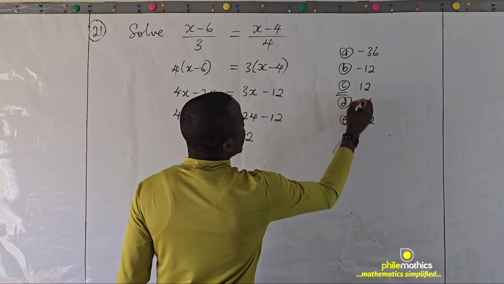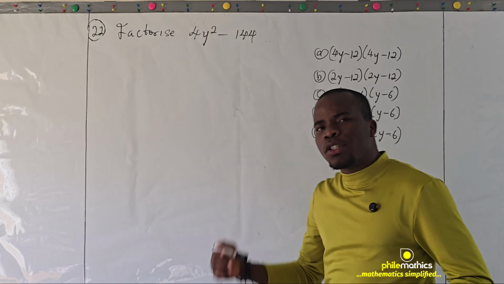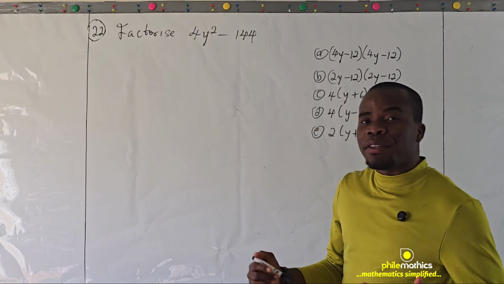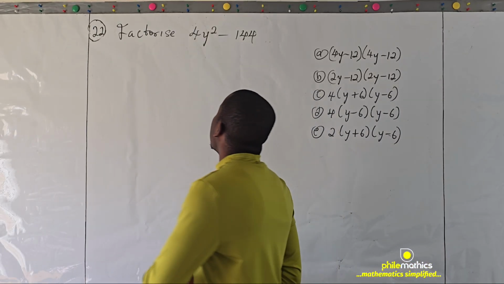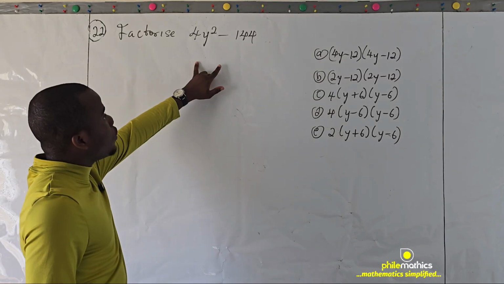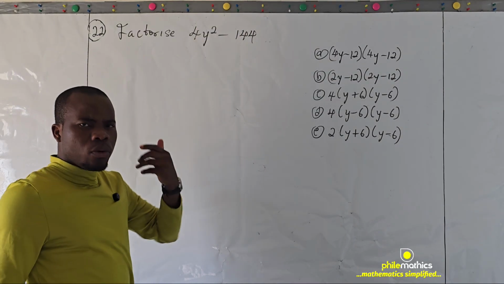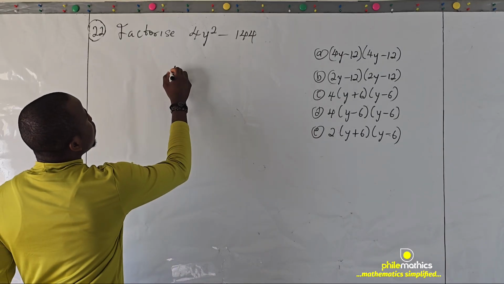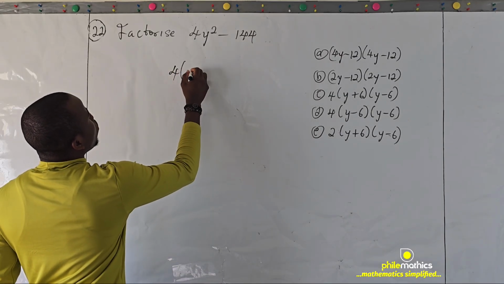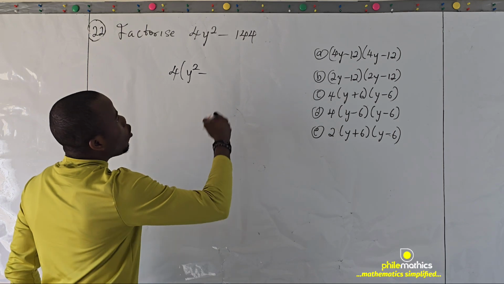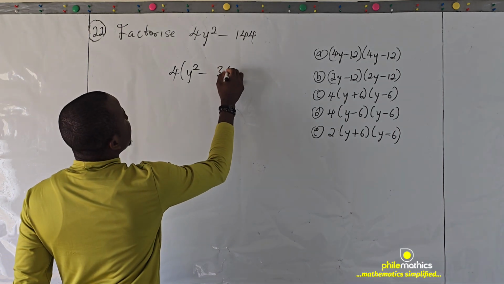So the answer is x equals 12. Factorize 4y squared minus 144. An interesting question. One thing you want to do is, since 4 is common between the first term and the second term, you can factor it out. So this is 4 bracket y squared minus 36.